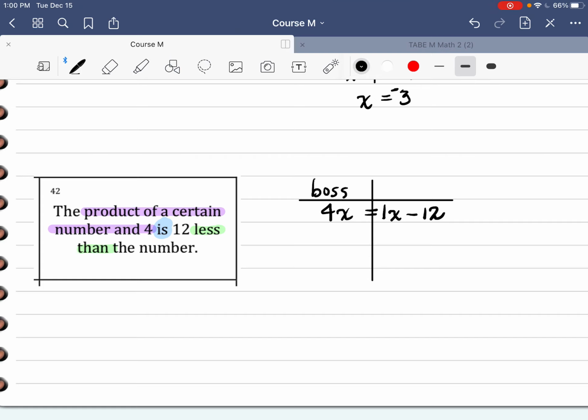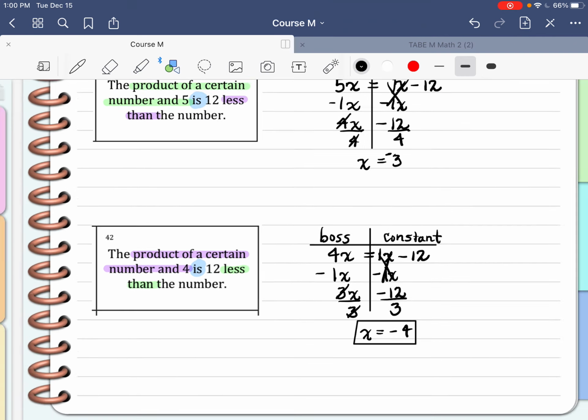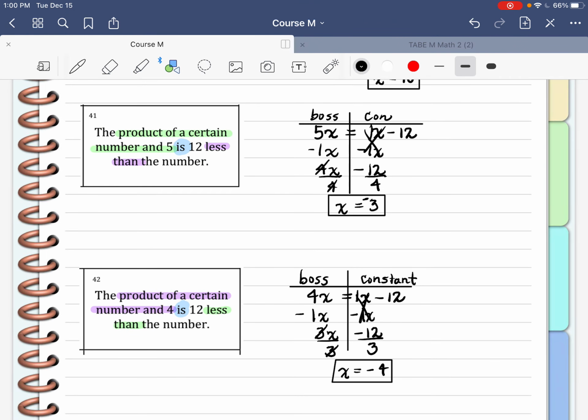So the boss is the 4. The constant is the 12. And we need to move the 1x. So we have 3x and negative 12. Divide by the coefficient 3. So x is negative 4. I forgot to mark off my solution there.